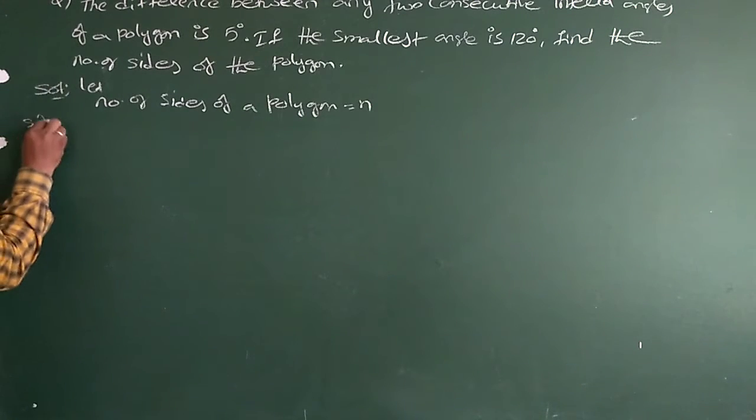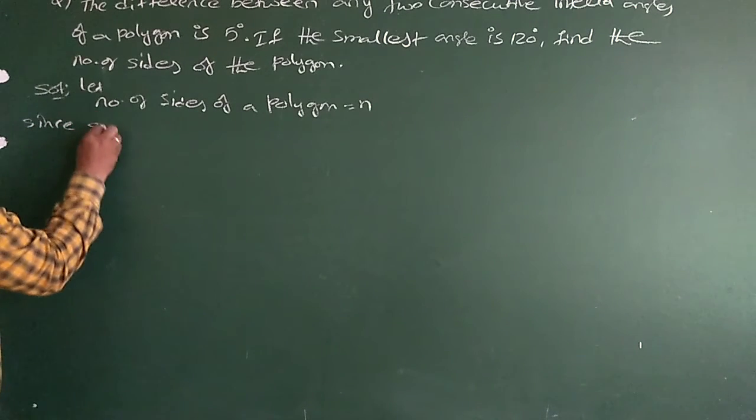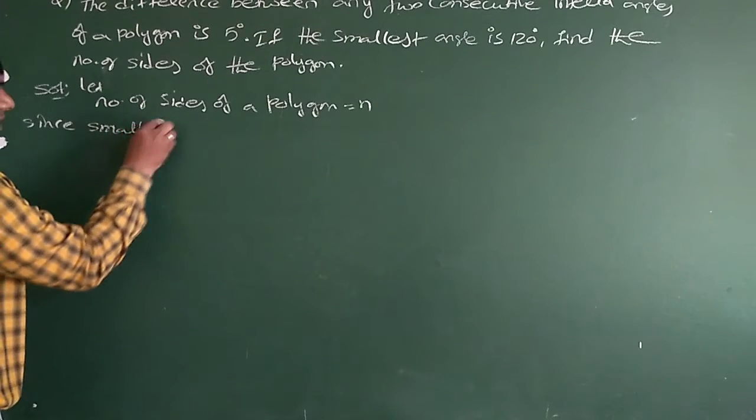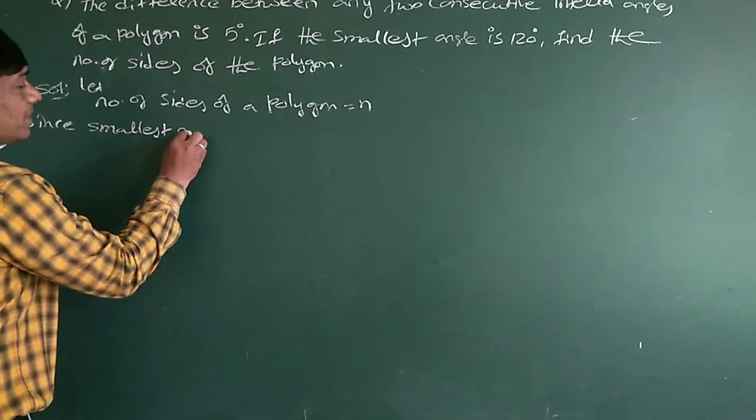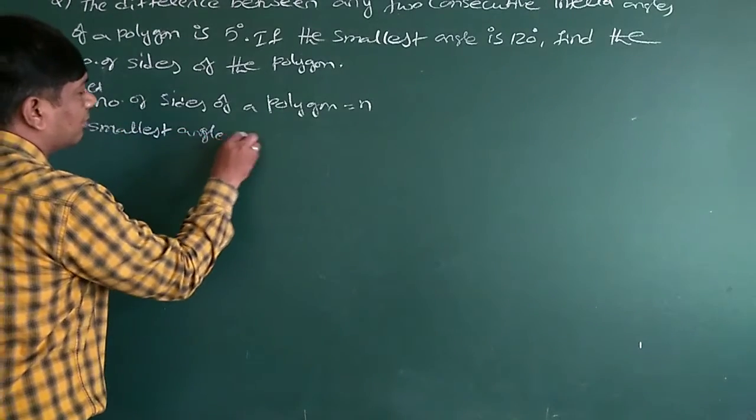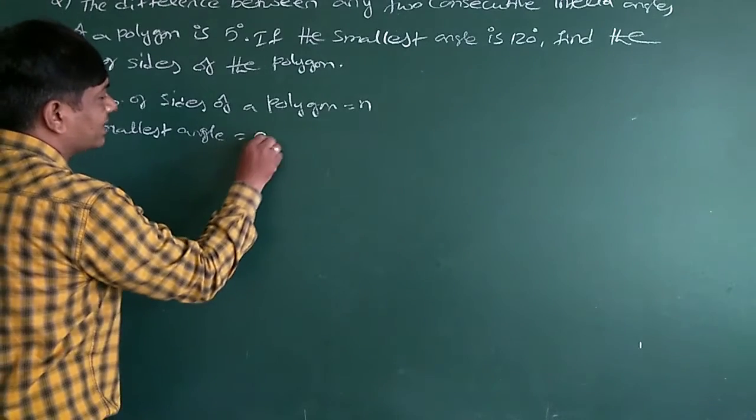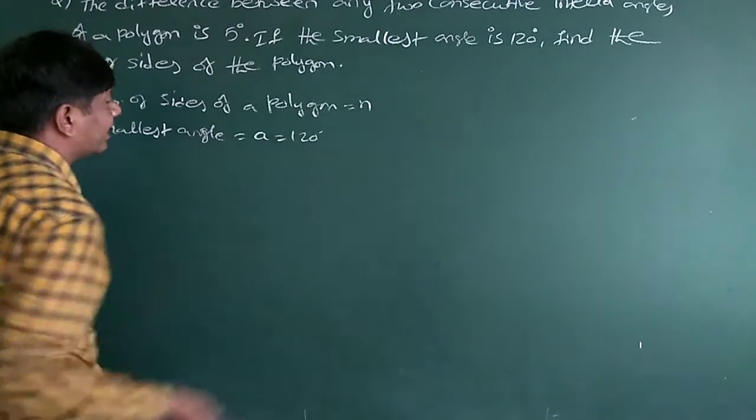Now since the smallest angle means the smallest value, that will be the first value. Smallest angle is equal to 120 degrees. That value is A is equal to 120 degrees.